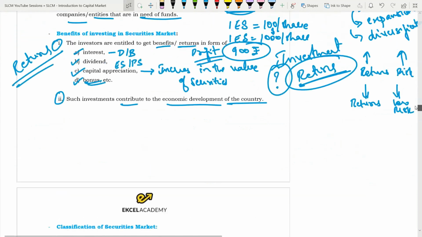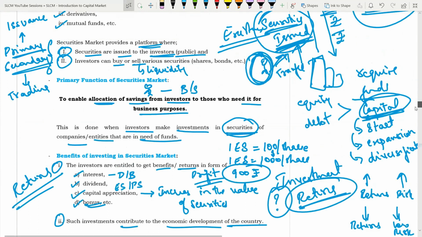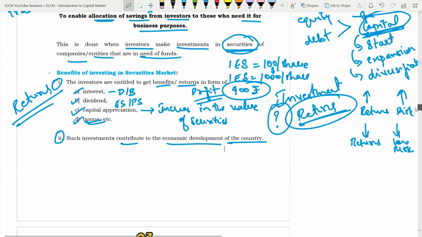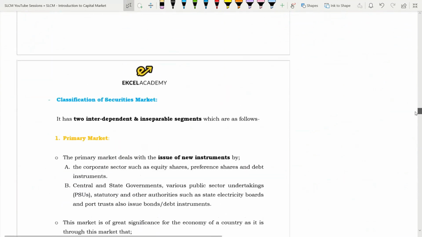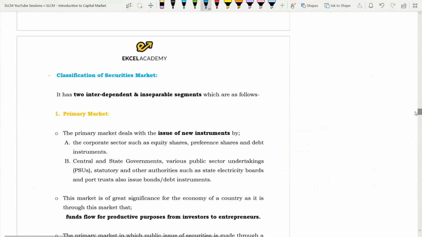So that is the primary purpose or function of the securities market and the benefits of investing in the securities market. Moving to the classification of the securities market, like I already told you, the securities market are classified into two. One is the primary market and second one is the secondary market.